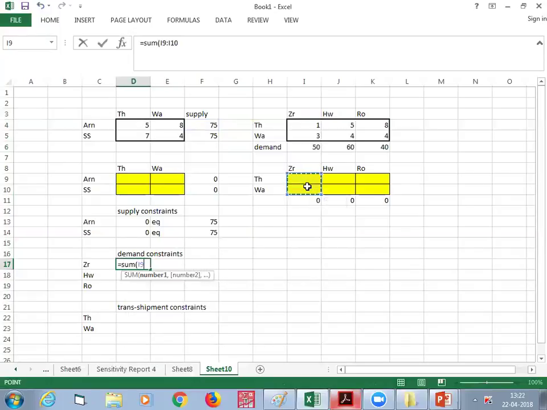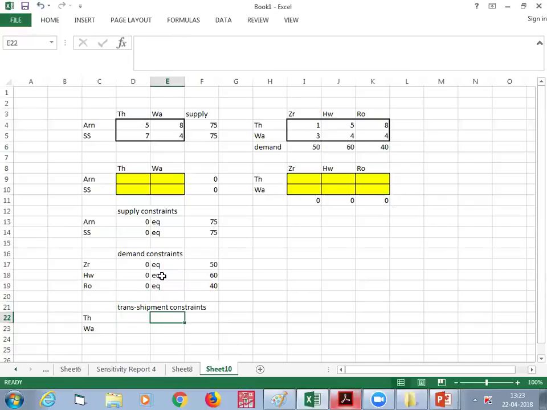The column sums here should be equal to how much? This value here. I'll just put the constraint part first. And this is equal to this. This is equal to the second column sum here, and this is equal to the third column sum.